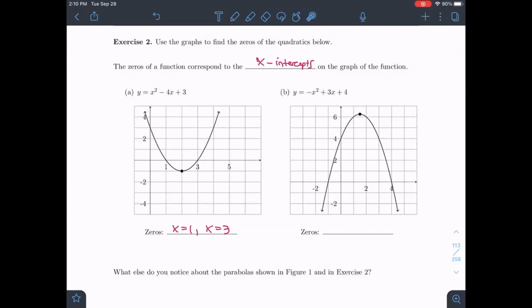And then what are the zeros going to be of 2b? Yeah, exactly. The zeros of b are x is equal to -1 and x is equal to 4 as well. So it corresponds to these values right here, the intersection with the x-axis.